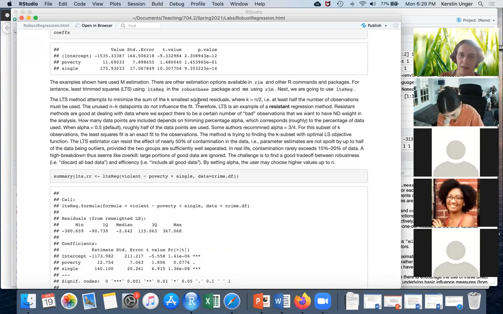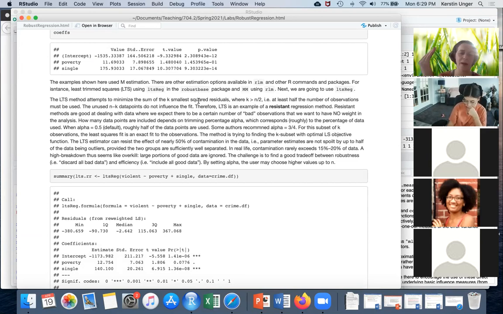What it basically does, I mean, that's not what happens in reality, because there are more efficient algorithms, but once you have determined how many data points you want to include in the estimation, it iterates over all potential partitions of your data set, right?